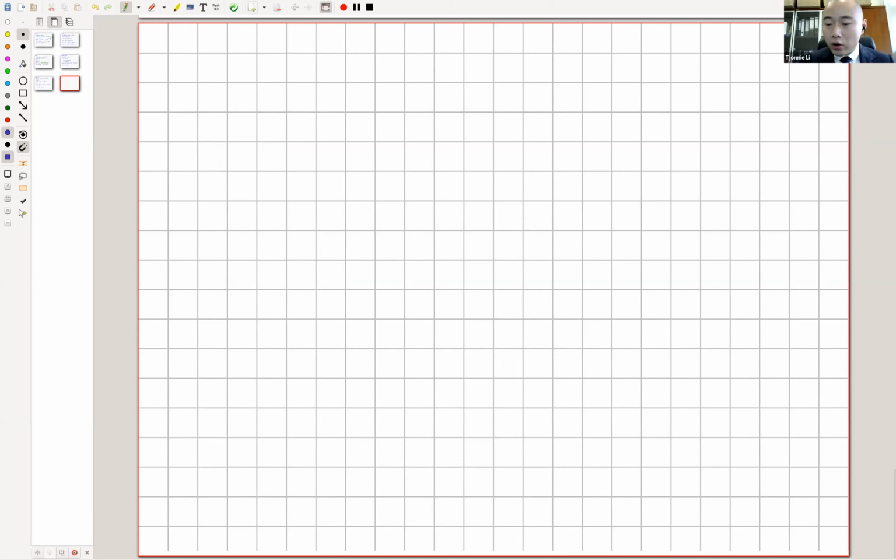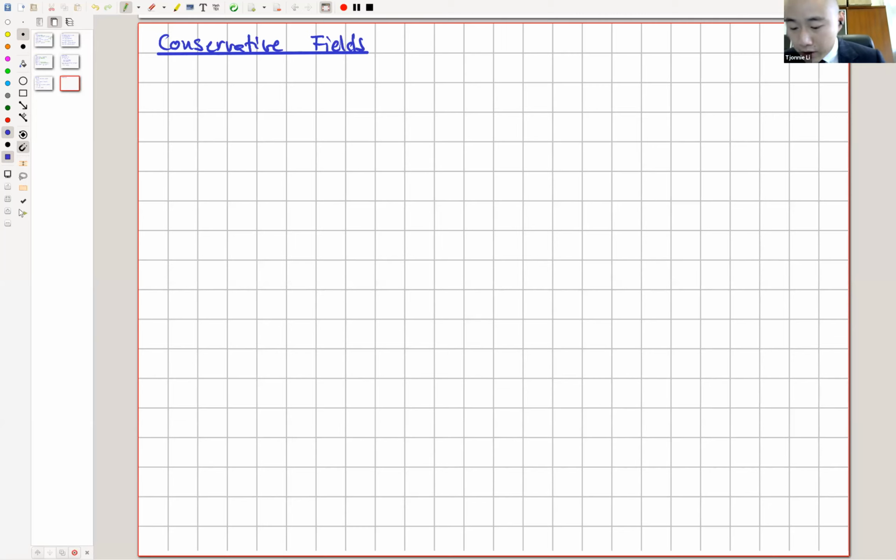Okay, now let's take a look at properties of fields that satisfy this. That's the first thing we'll do. I want to introduce the concept of a conservative field. What does it mean for a field to be conservative?